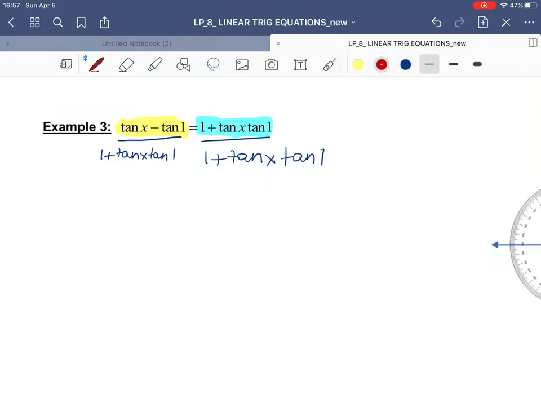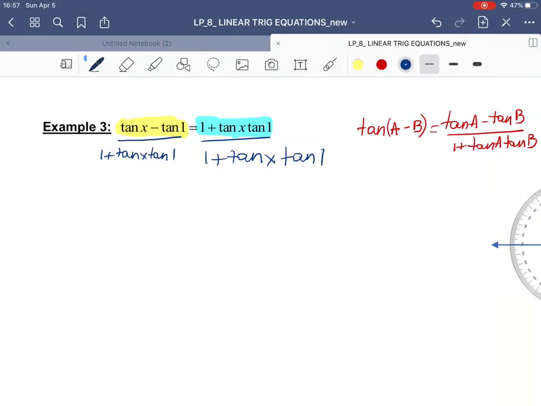The formula that we suggest we use in here is tan of a minus b equals tan a minus tan b over 1 plus tan a tan b.